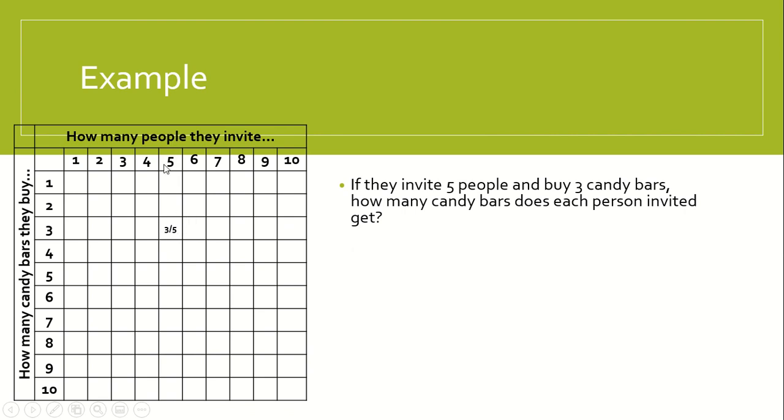Here's the people, 5 people, 3 candy bars. We're remembering to put candy bars per people, so candy bars on the top and people on the bottom. That means if I have 3 candy bars and 5 people, each person gets 3/5 of a candy bar, which makes sense because I have fewer candy bars than people at the party. So it makes sense that each person doesn't get a whole candy bar.